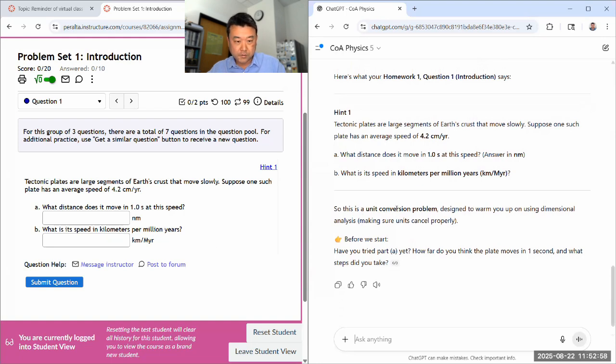Okay. So unit conversion problem. Okay. Have I tried part A yet? I tried, but I got 4.2 centimeter per year times 1.0 second, but I don't know how to enter that.